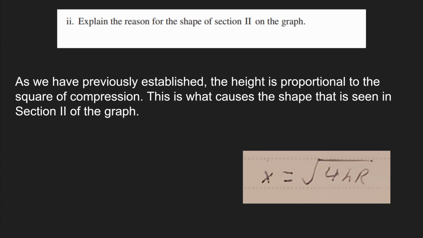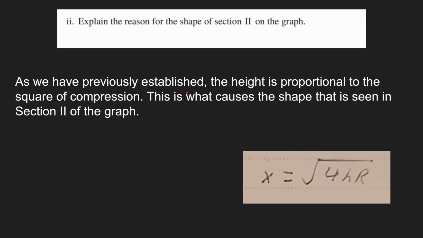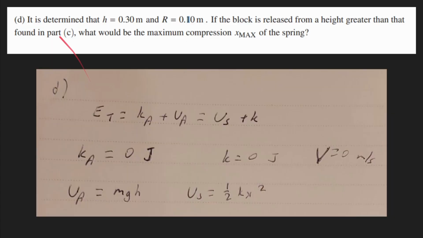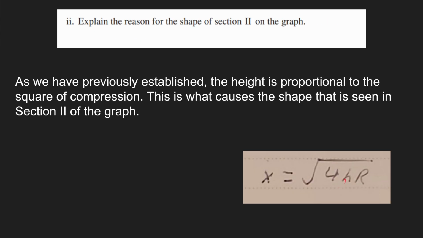Explain the reason for the shape of section 2 on the graph. If you notice here, section 2 isn't linear. It's kind of like a square root. As we said earlier in part D, we've established this: x is equal to the square root of 4hr. And I brought that back here for you.